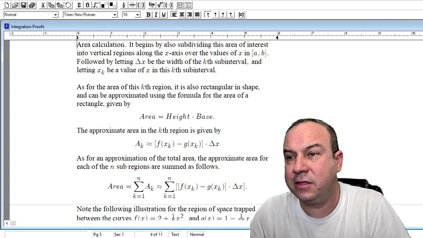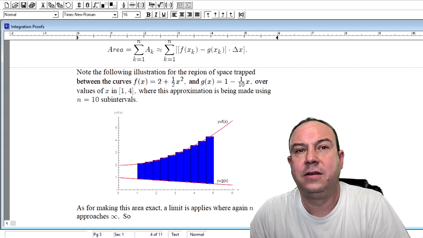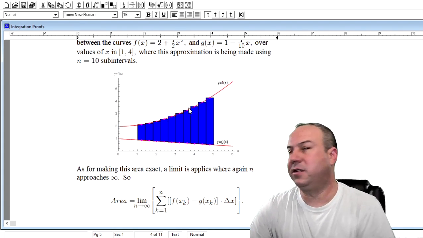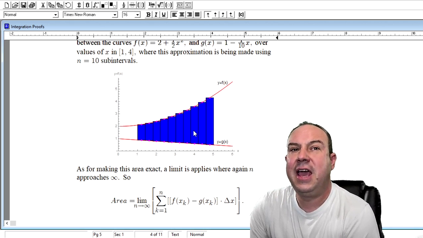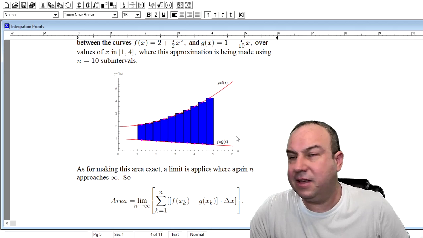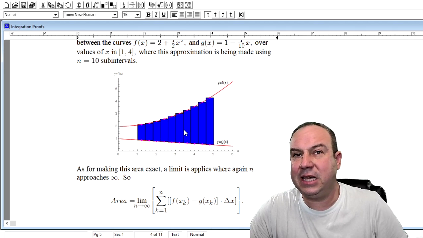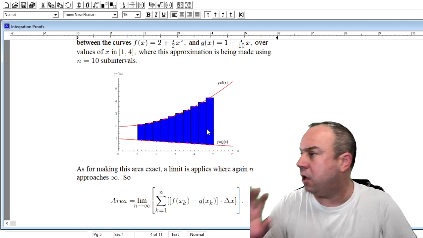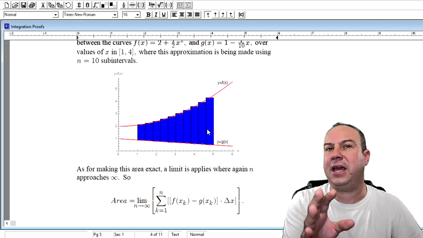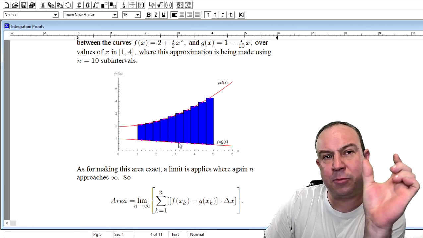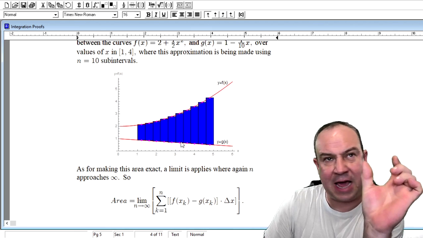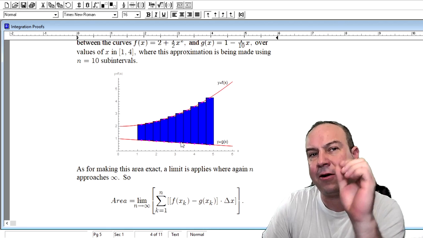I do think I have an illustration to give you down here. Here we have this function f of x. Here we have this function g of x. When we subdivide this region into its n subintervals, each of those subregions is also rectangular. Their width, the base measurement of those rectangles, each measures delta x, as it did in our understanding of net area.